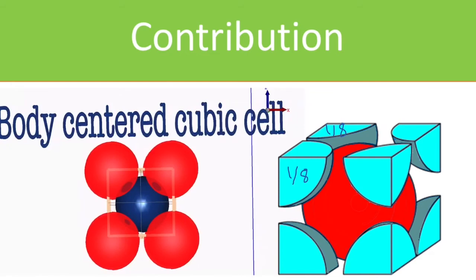1 by 8 part of the corner constituent particle is being contributed here. So 1 by 8, 1 by 8, 1 by 8, and the center has one constituent particle.